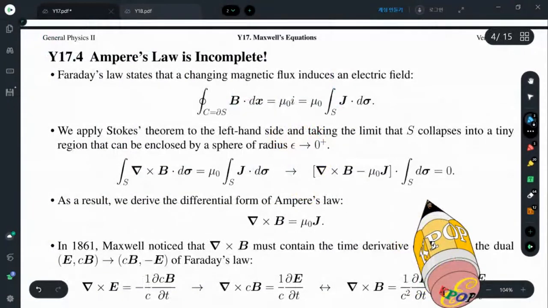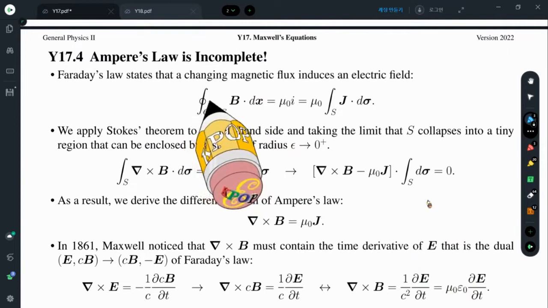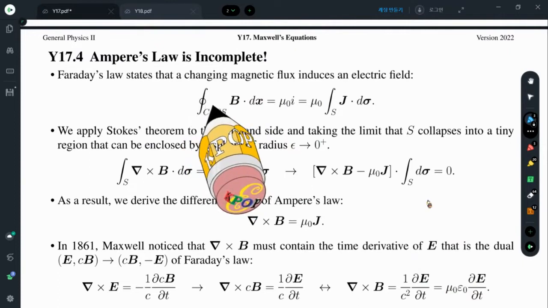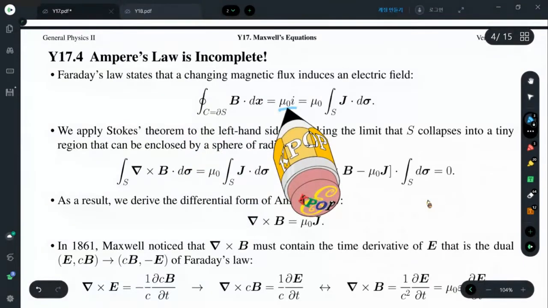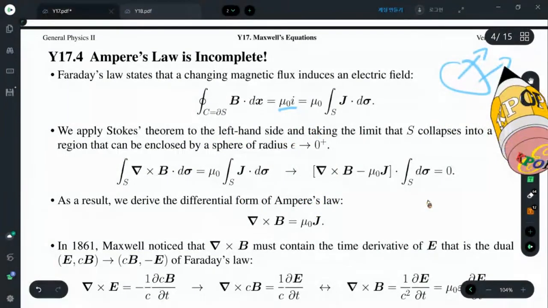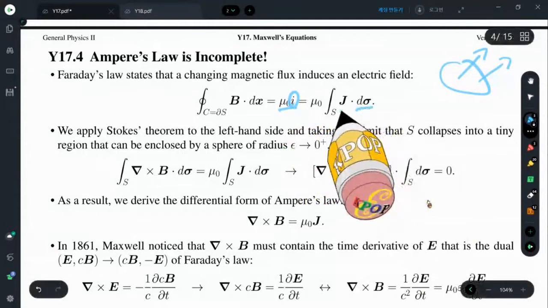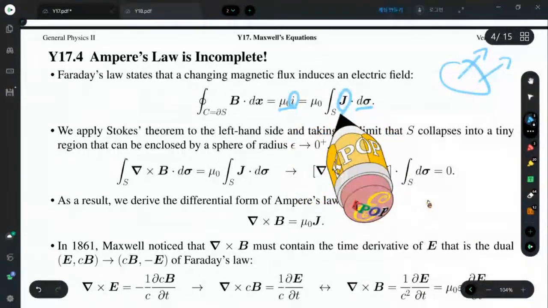The next one is closely related to Ampere's law. The magnetic field integrated over a closed path is expressed as the current passing through that circuit. That is called Ampere's law. And this current can always be expressed as the surface integral of a current density.